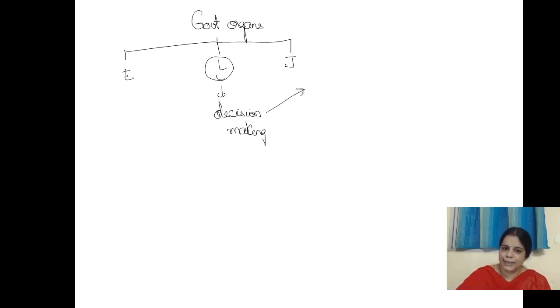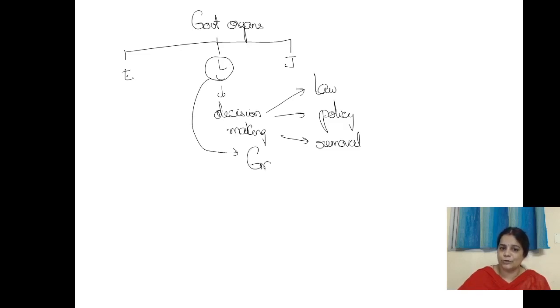This decision making can be with respect to a law or a policy, or removing somebody from office. All these decisions are made by the legislature. But as I said, the legislature is not one person, it is a group of people. And whenever you want this group of people to arrive at a decision, you need this group of people to vote.